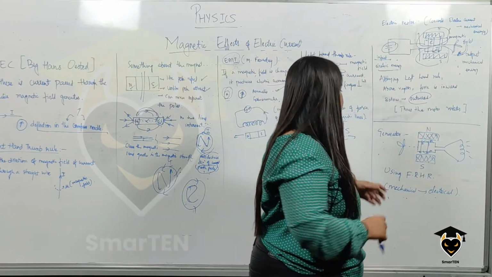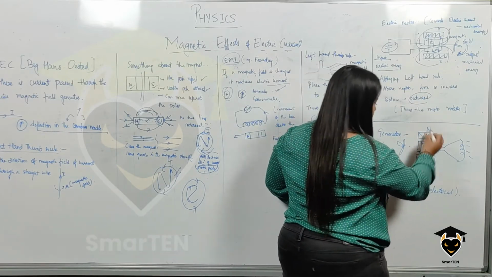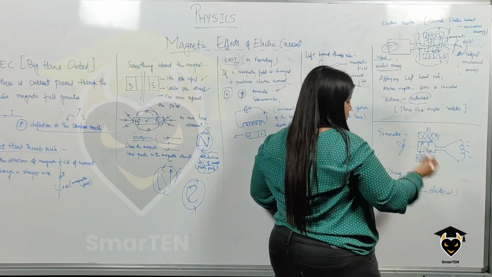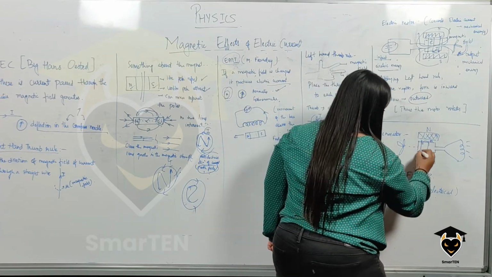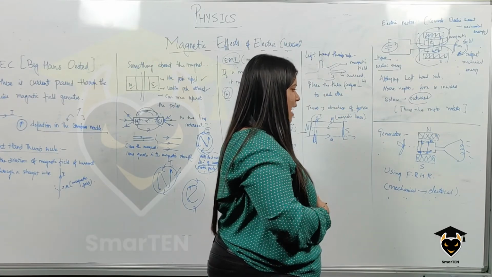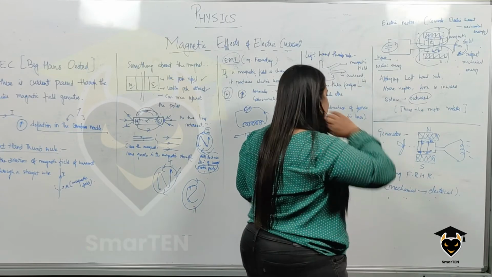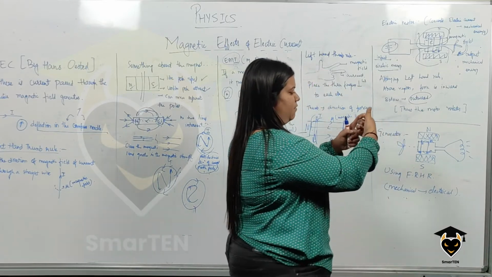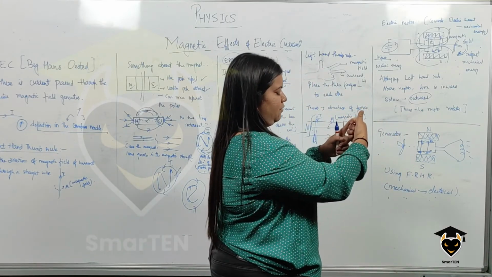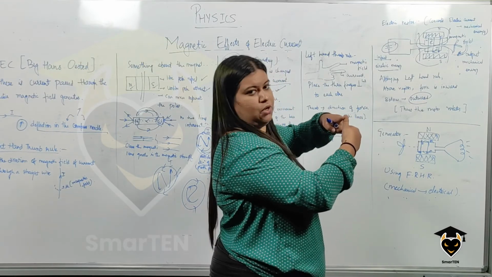Again I've placed a coil here, and you have two magnets, north and south. Which direction is the magnetic field? It is downward. Now applying the right hand thumb rule, the folding of the fingers will give you the direction of the magnetic field, and the thumb will give you the direction of the current.